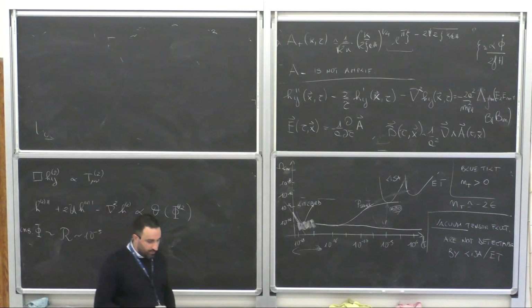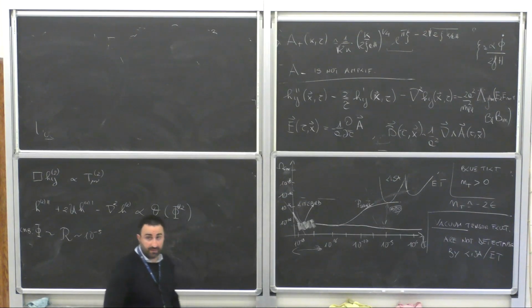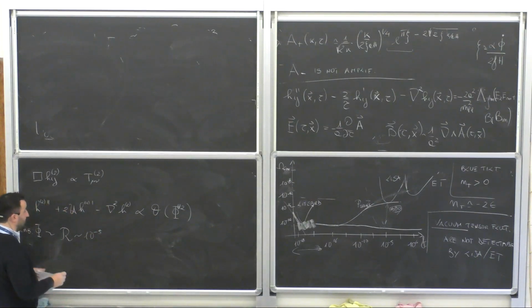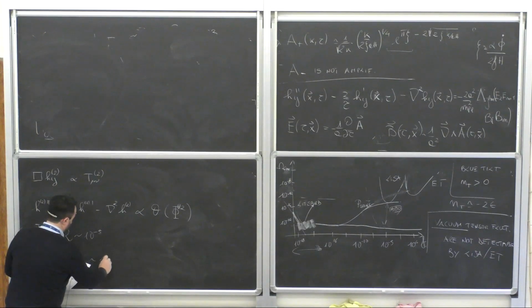Then you can say, okay, but this is very small, because if this is 10 to minus 5, my h_c, very roughly, is omega_r times phi. This is 10 to minus 5, this is 10 to minus 5, so this is 10 to minus 10 or 9.